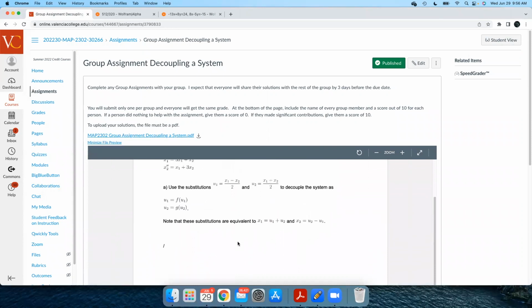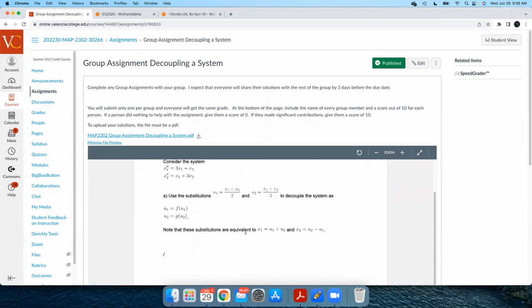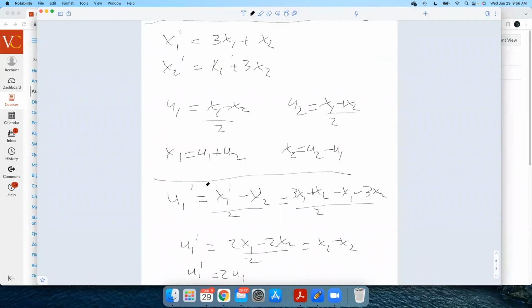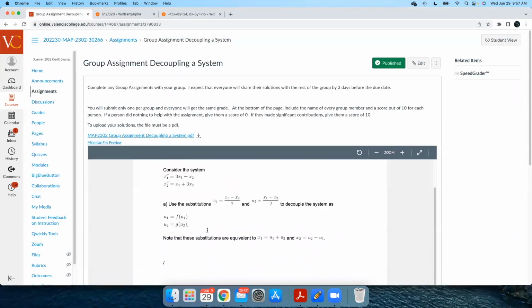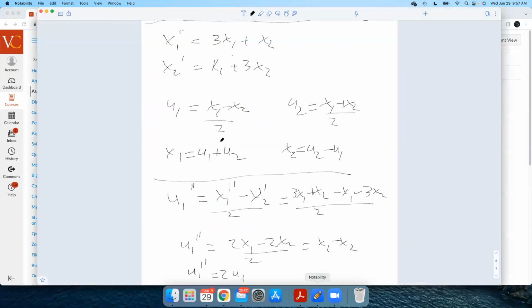And I realized as I'm writing all this, these are all double primes, not primes. Every one of these primes I've written is a double prime. This is a second order. Even these are double prime. Yeah, those are double primes.